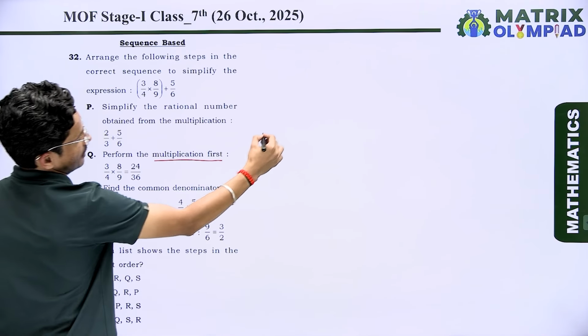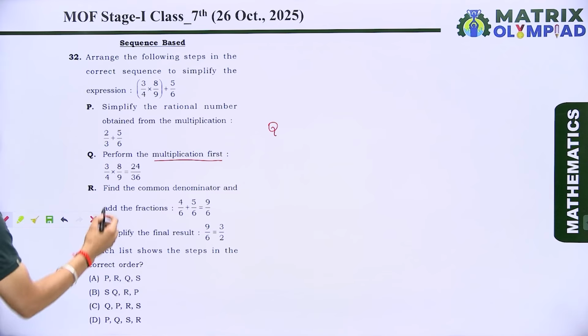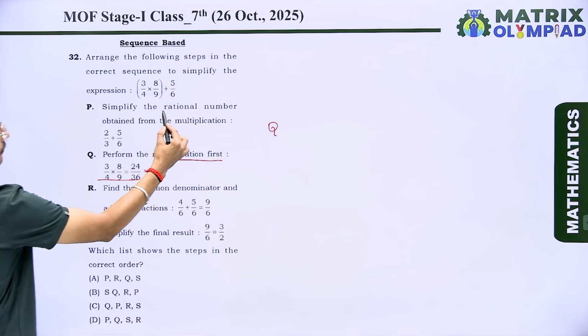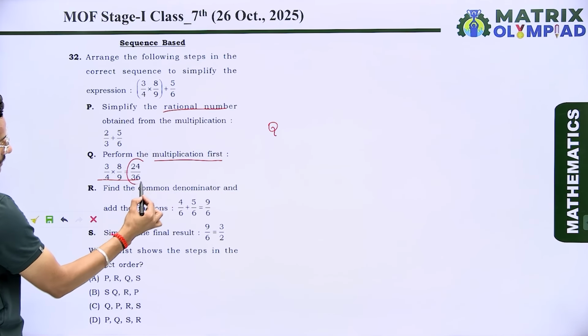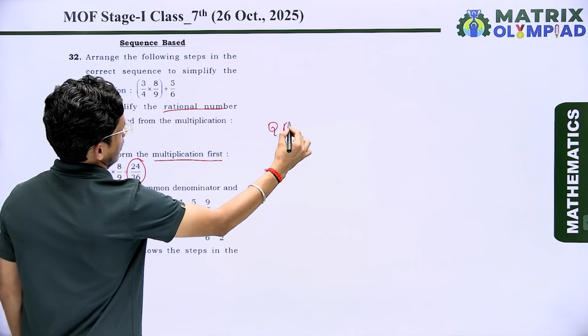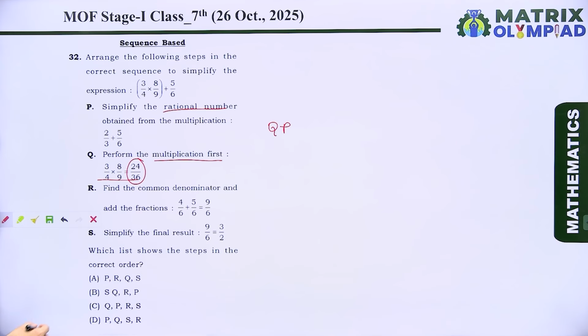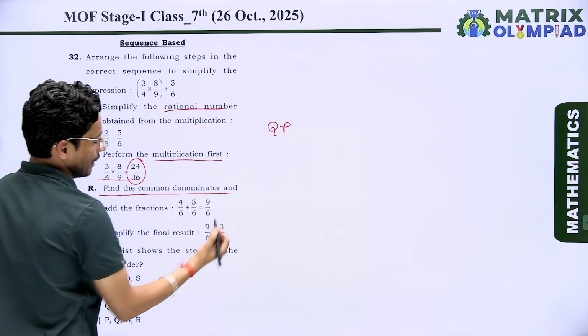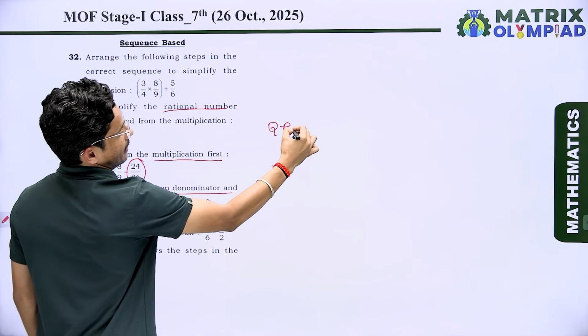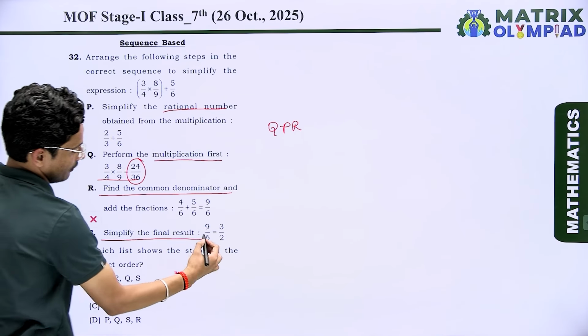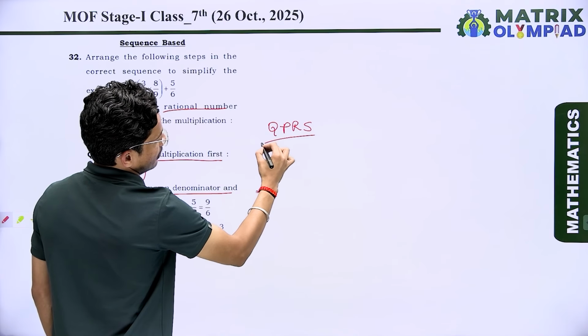It means first we take Q. After multiplying, we simplify the rational number, so we take P. After simplifying it, we find the common denominator, so we take R, and then we simplify the final result, so we take S.